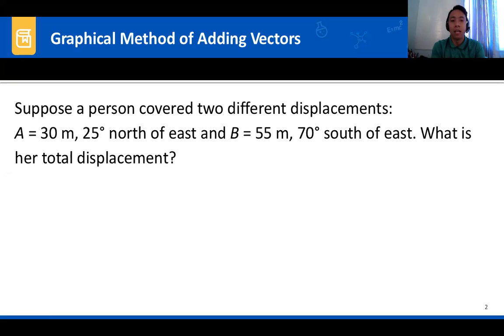So what is their total displacement? What will be their resultant, or R? So what are the rules in doing this one?